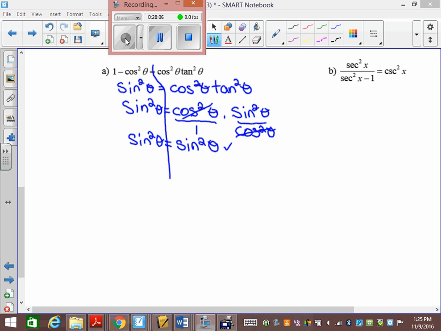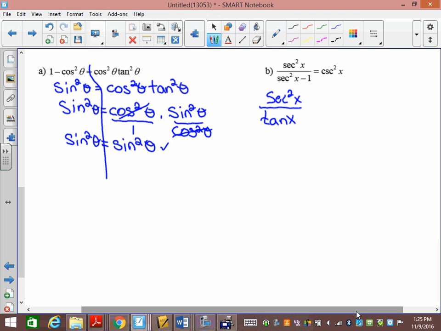If you rearrange the 1 plus tan squared theta equals secant squared, you'll get tan squared theta equals secant squared theta minus 1. So we'll get secant squared x over tan squared x, sorry, equals cosecant squared x. Remember, secant is just 1 over cos, and tan is sine over cos. So I'm going to write them side by side because they're just going to be fractions divided by a fraction, right?